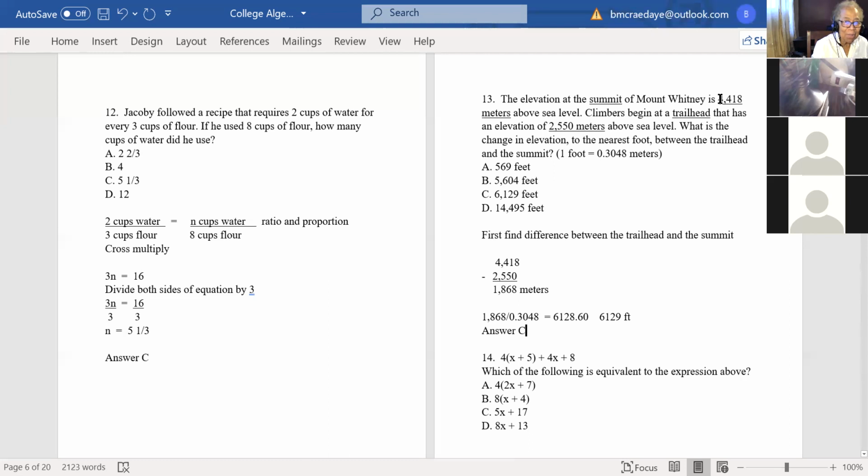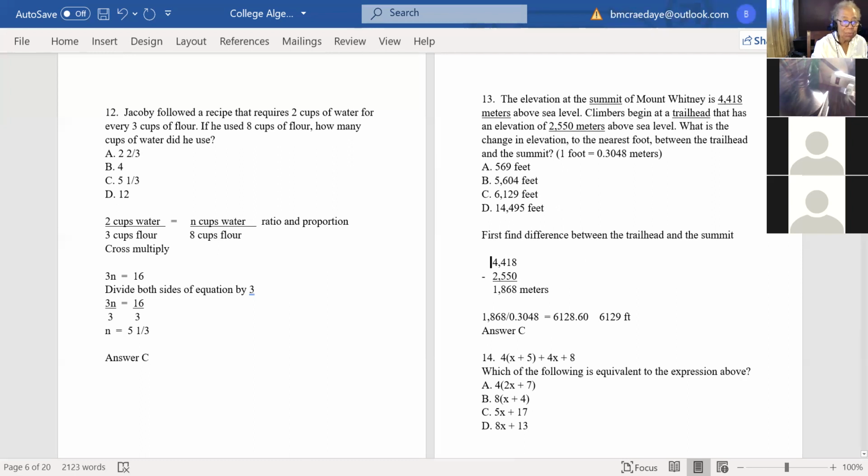First you have to get the difference between the trailhead and the summit. You've got to look up here in the words and find what was the elevation at the summit, and what was the elevation at the trailhead, and then you get the difference. Because they say, what is the change in elevation? So the change is going to be a subtraction, right? Let's line that up.